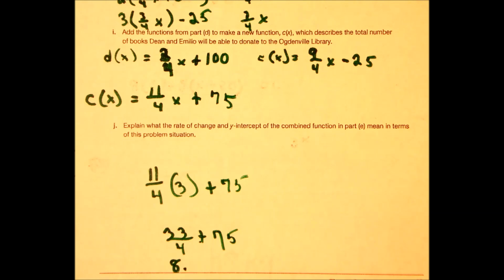Even if it was 8.75, they wouldn't have been able to collect 8.75 books. Okay? They would have collected 8. And then plus the 75 would tell you the amount of books they collected. Okay, so understanding what that function represents and how you would get your answers is also important, because this function was discrete. If this function was continuous, then 8.25 could be an answer.